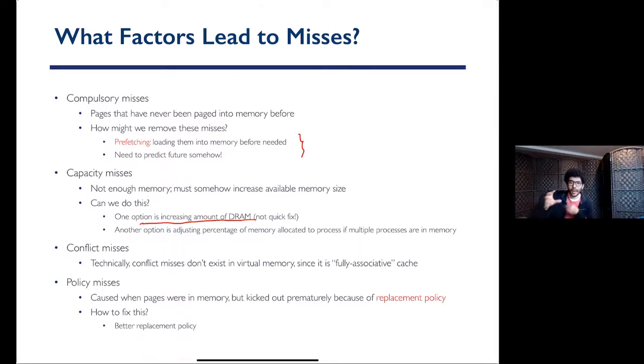Then that was a bad decision, because it's going to end up resulting in a lot of misses. So that's a policy miss. So you picked a wrong page for eviction. Let's say there were other pages in your memory that nobody was using, and you could have evicted those, but you wrongly picked a popular page, and now that is ending up producing a lot of misses. So that's a policy miss.